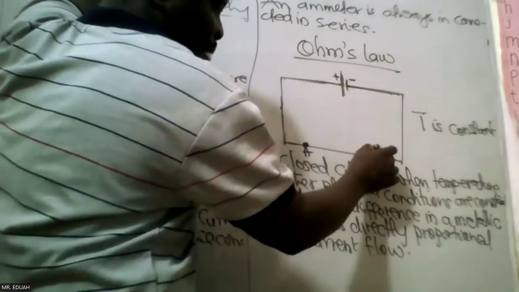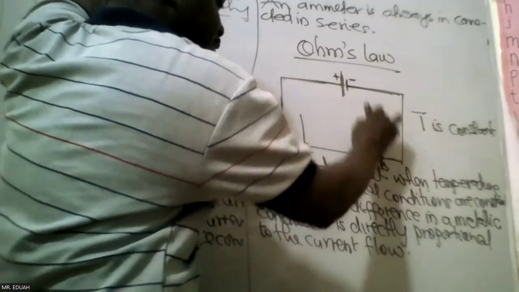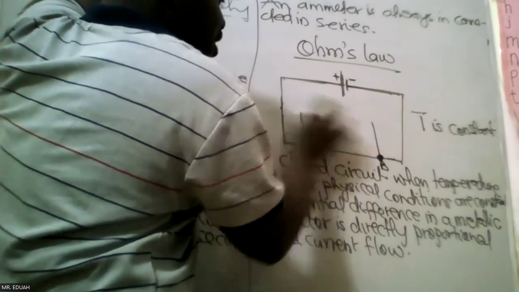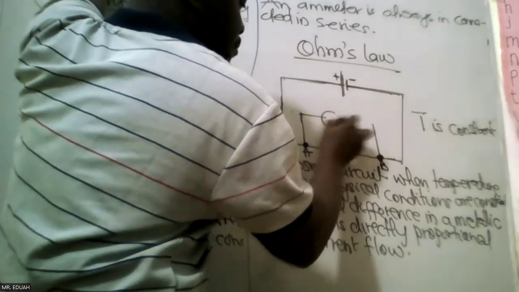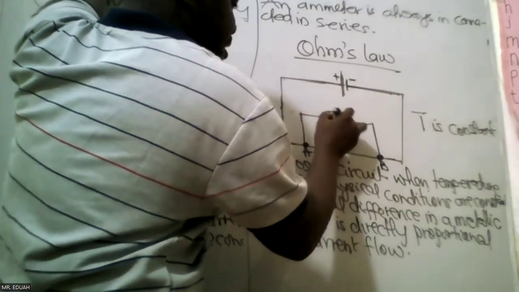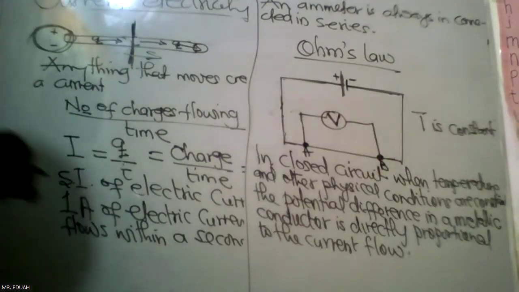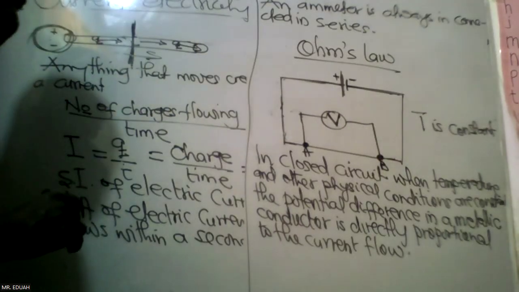I can measure the potential difference by connecting a voltmeter V to the chosen points. So I'm choosing any 2 points within the metallic conductor.